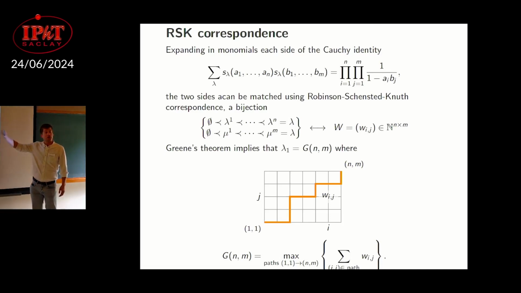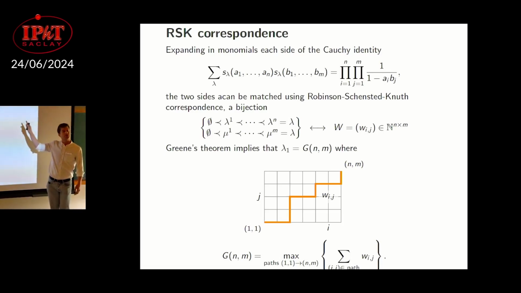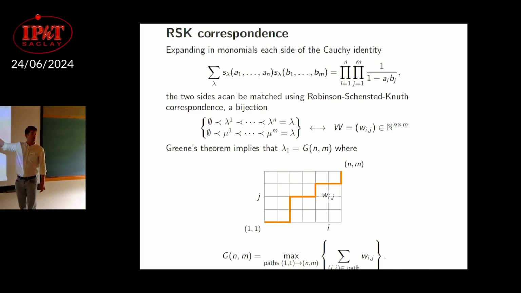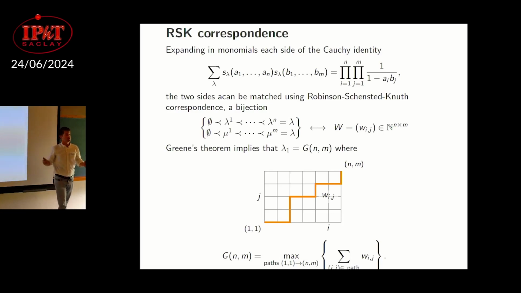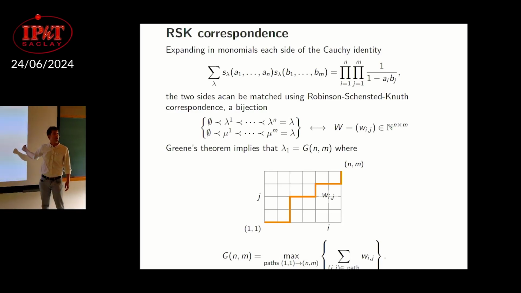There is one result about this correspondence called Greene's theorem, which implies in particular that, under this map, which is complicated in general, certain coordinates of lambda have a nice interpretation in terms of the matrix W. One example is lambda_1, the largest part in the partition lambda. And this one has a very nice interpretation in terms of the matrix entries W_ij.